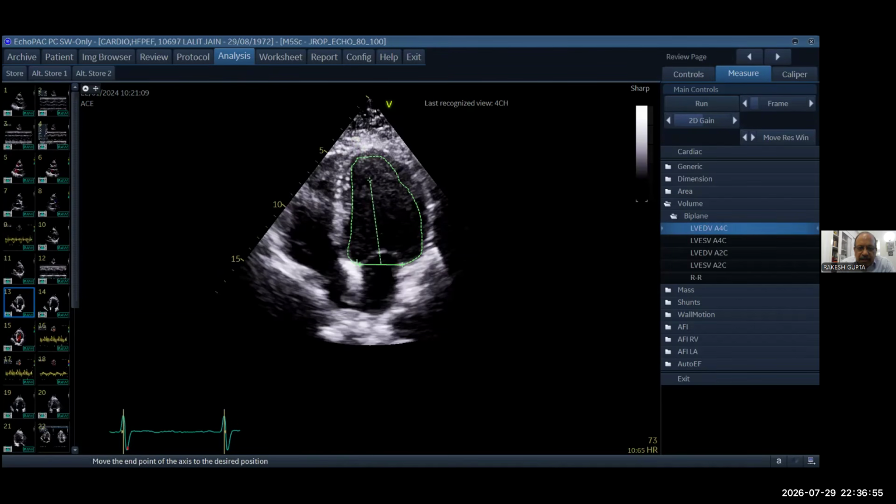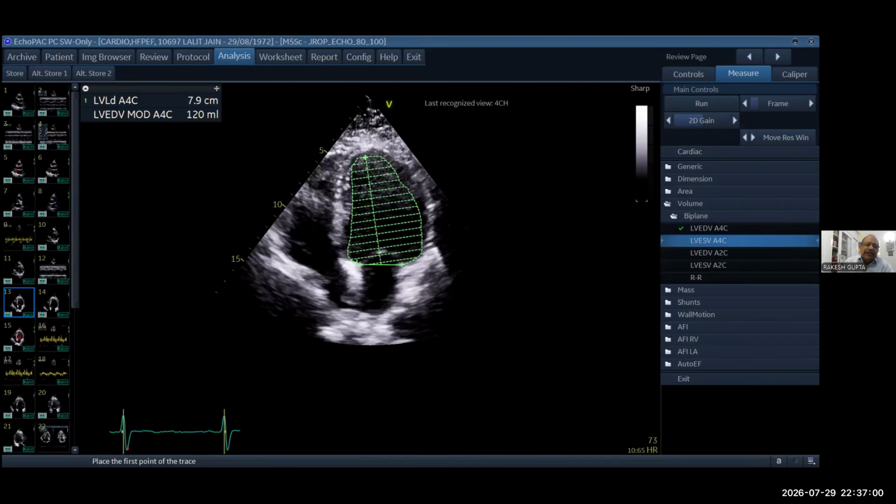Leave it at this. Now adjust my LV apex. My end diastolic volume is 120 ml. Let me save this image for you. So remember 120 ml. Now I'm going to 2-chamber.